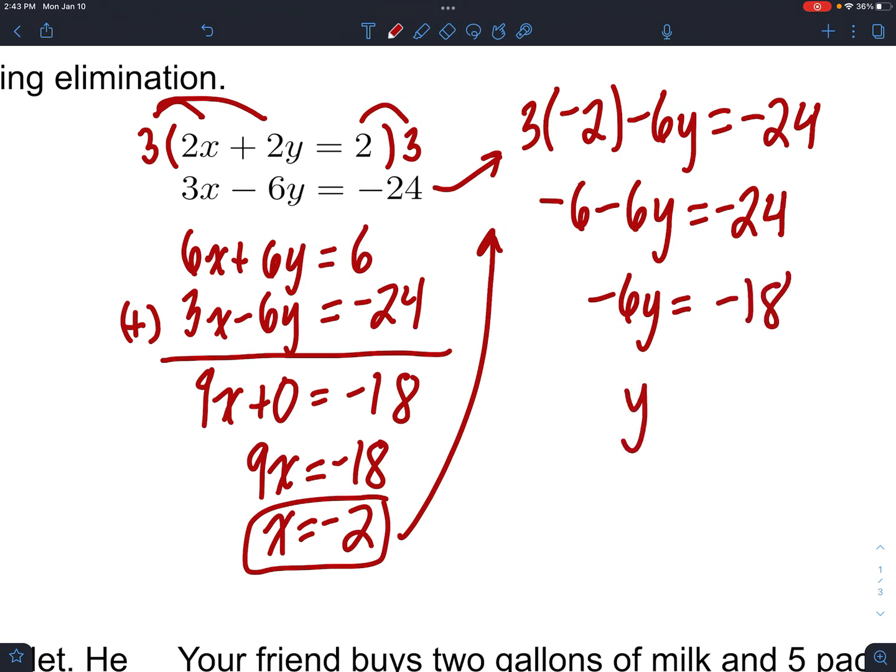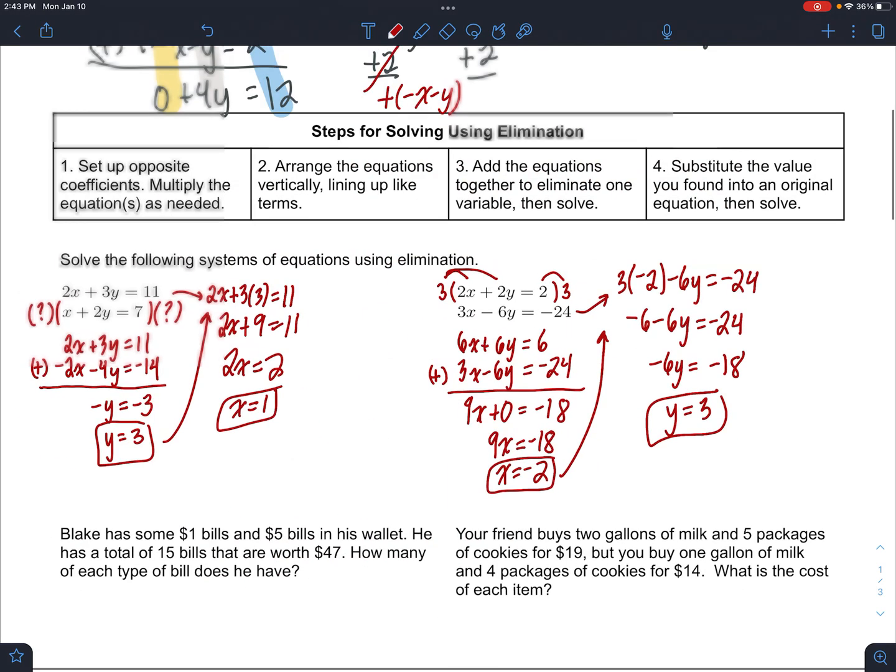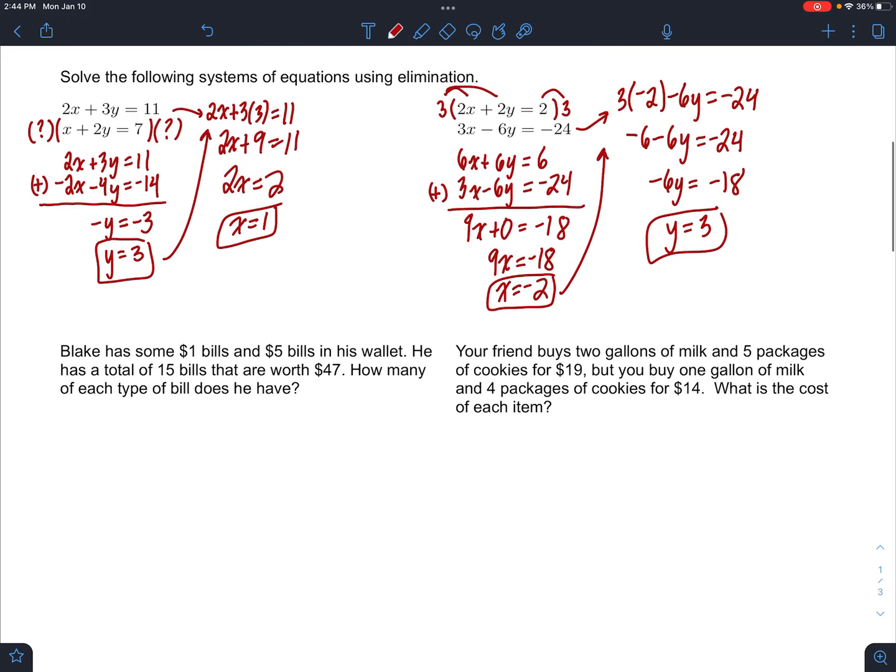I'll go ahead and add 6 to both sides, and we get that y is 3. So 2 examples worked out of how elimination works. Okay.